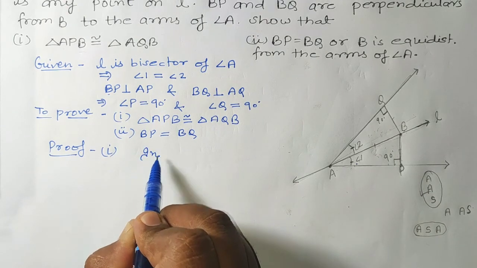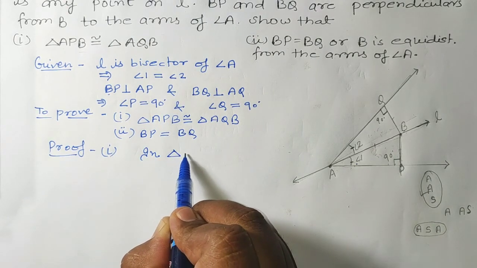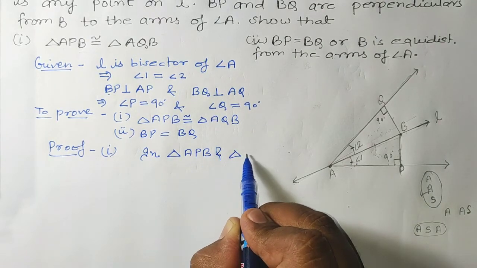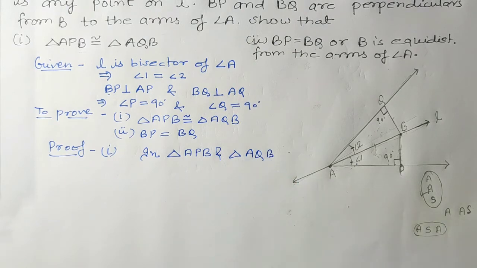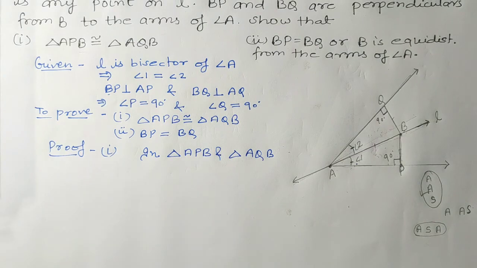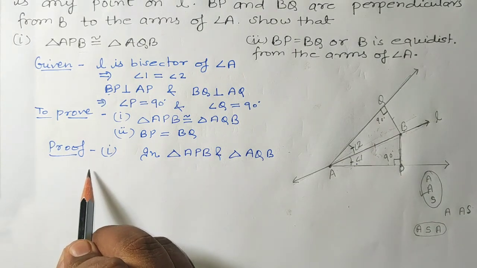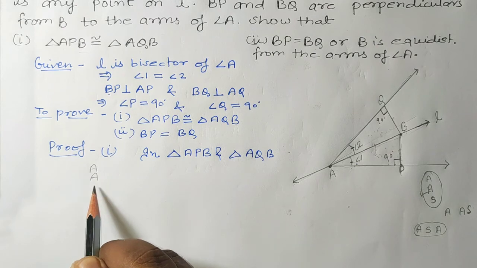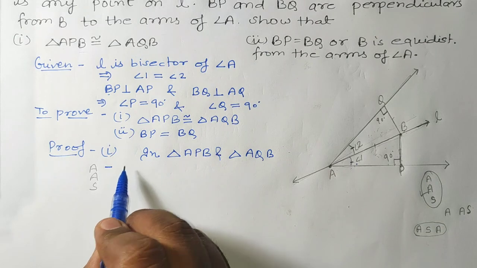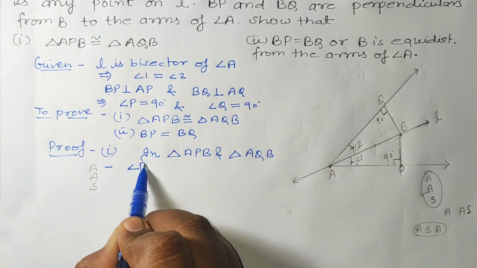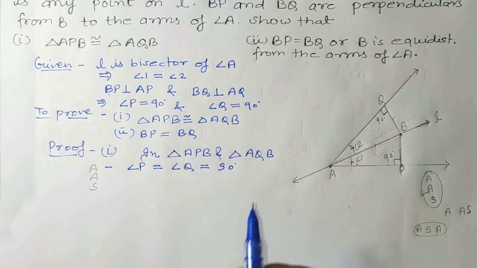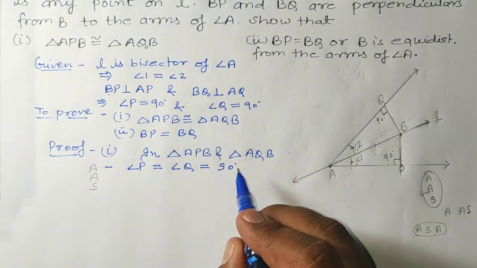For that, students will see that in triangle APB and in triangle AQB, we are going to prove this part by angle side. At the place of angle, the first angle is angle P is equal to angle Q. Why? Because both are equal to 90 degrees.